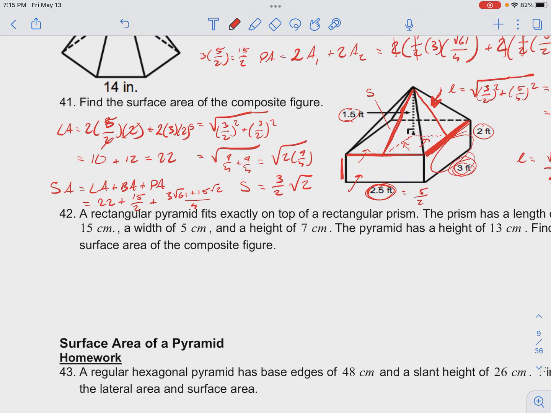And we can put all of these numbers over 4, so we have a surface area of 22, rewritten as 88 over 4, plus 15 over 2 rewritten as 30 over 4, plus 3 root 61 plus 15 root 2 over 4, and we can combine that into one fraction, all over 4, and that'll be in feet squared.